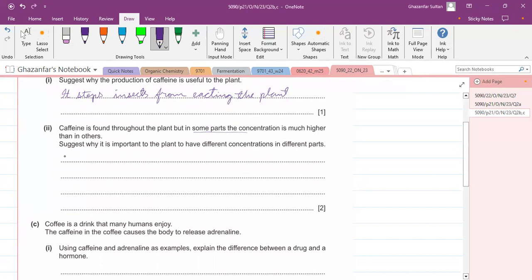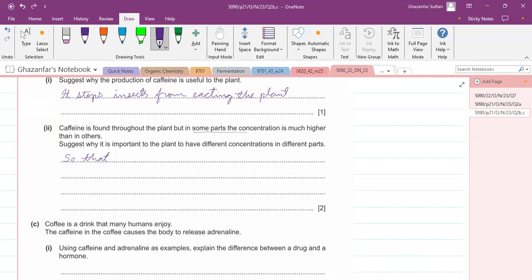So that means I'm connecting the answer, that is why the concentration is higher in some areas and in some areas there is a low concentration.